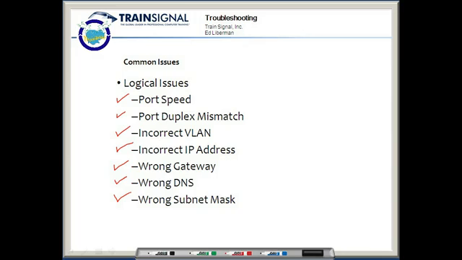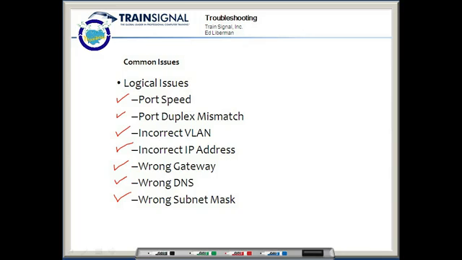Wrong DNS, if you're pointing to the wrong DNS server, you're not going to have name resolution working for you, because you may be pointing to no DNS server, or you could be pointing to the wrong DNS server that doesn't know how to service your needs.